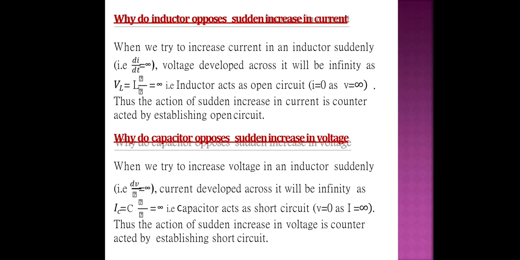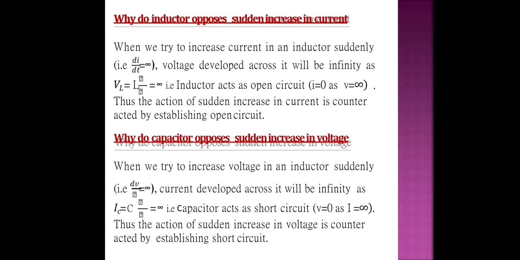When we try to increase the current in the inductor suddenly, di by dt is infinite. So the voltage developed across it will be infinite, as VL is equal to L di by dt.